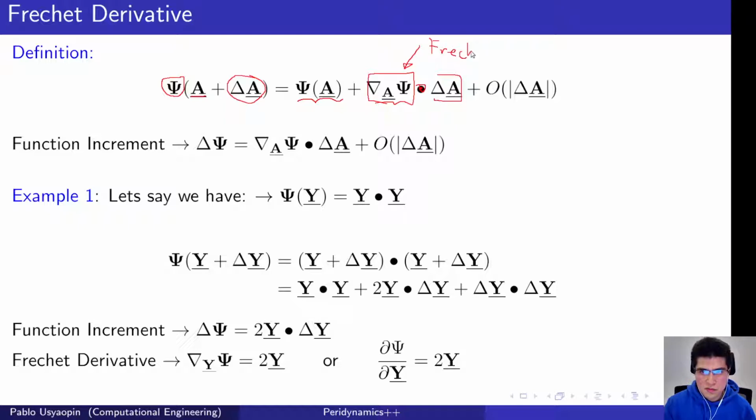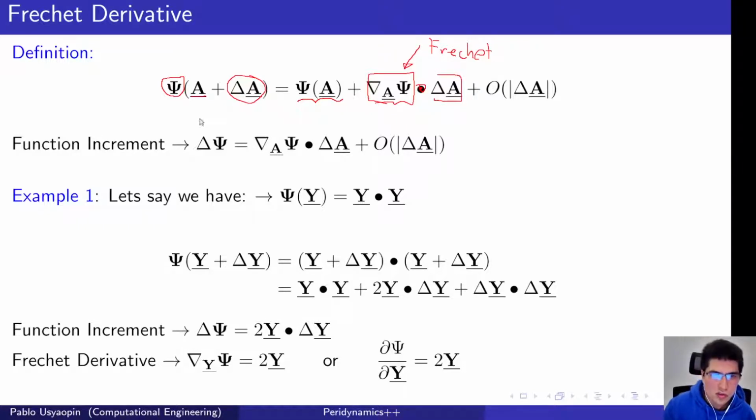Okay, Frechet derivative. In this case, we are employing the nabla operator. This is a very widely known operator because it indicates a gradient of the function with respect to one of its components, which is vector state A.